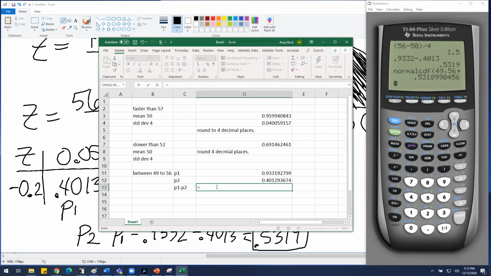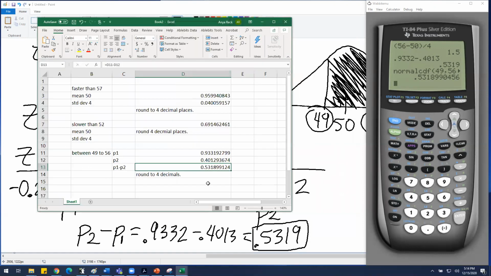So equal, click P1 value, minus, click the P2 value, press enter. Again, round to 4 decimal places. And what do you know? This value matches what we have in the calculator as well as what we found by hand.